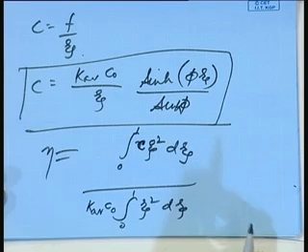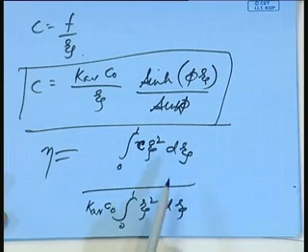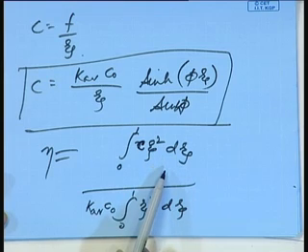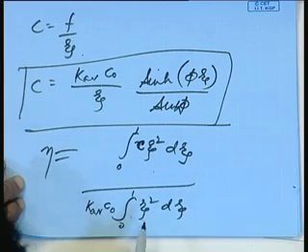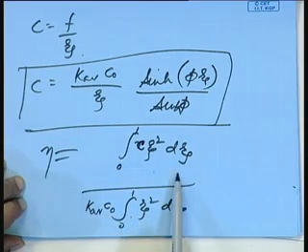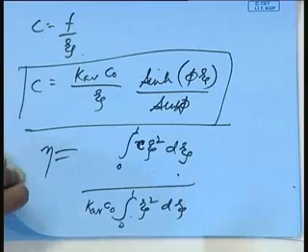The KV cancels out in both places, numerator and denominator, because eta is reaction rate evaluated overall divided by reaction rate evaluated at the surface. The denominator is straightforward, but the numerator is slightly tedious, so I will just give you the solution.